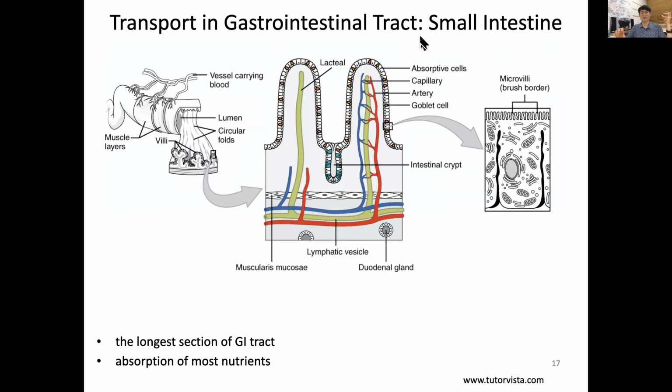The longest section of the gastrointestinal tract is the small intestine, and there comes most of the absorption of nutrients. So how does that look?